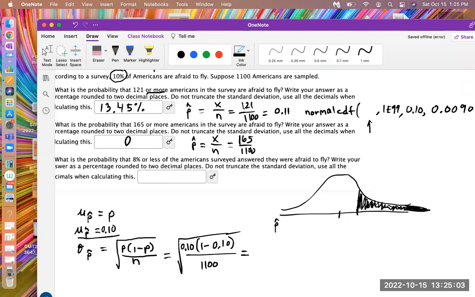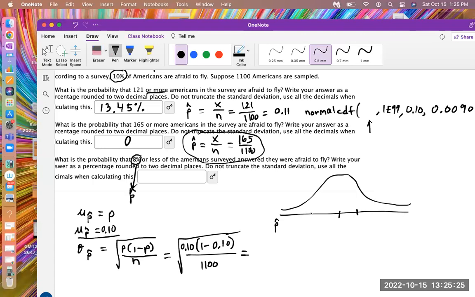So that picture is going to look different, right? And notice they do give us a proportion right away. So instead of giving us the number of people with our characteristic, just the X, they give us the proportion. This is the p-hat. So we don't have to do this step.